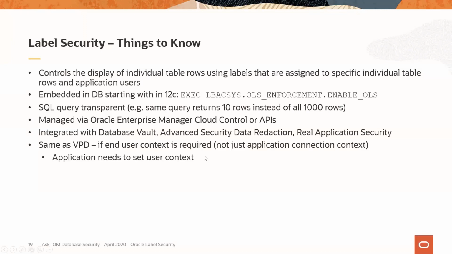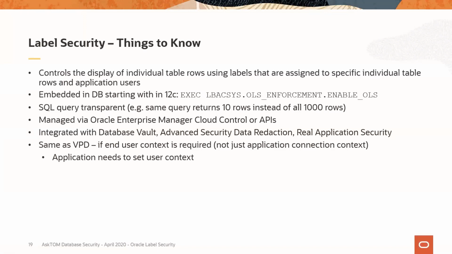It is very similar to VPD if you're familiar with Virtual Private Database. If you need to know the end user context, then the application does need to set the context. It could be a system context, or it could be an application-specific context. But in some cases, it's just the application that needs to have a label. End users may not need to have a label.